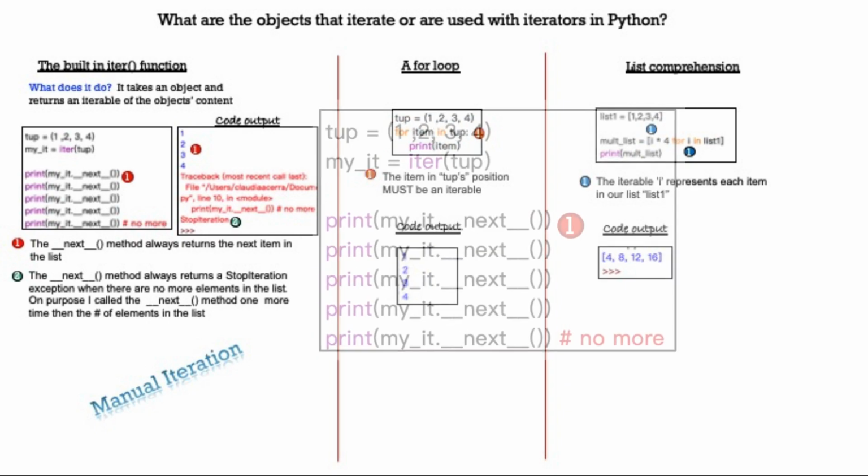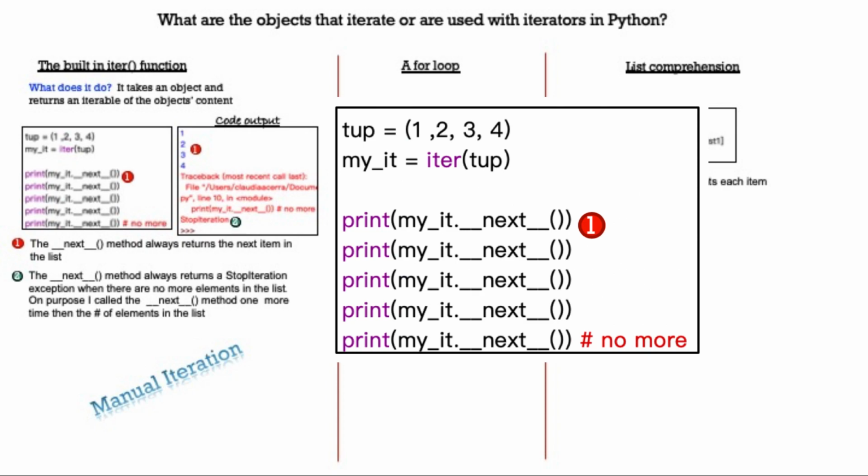So let's look at the code. We have a tuple of 4 elements, the numbers 1, 2, 3, and 4. Then we set a variable and we use the iter function on that variable. And you see what happens is we have to call that next method that we spoke about on the previous slide to make each one of those appear in the output of our code.